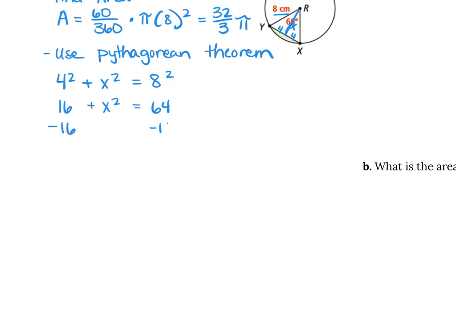I want to get rid of that square, so I'm going to take the square root of both sides. And that will reduce to 4 square root 3.